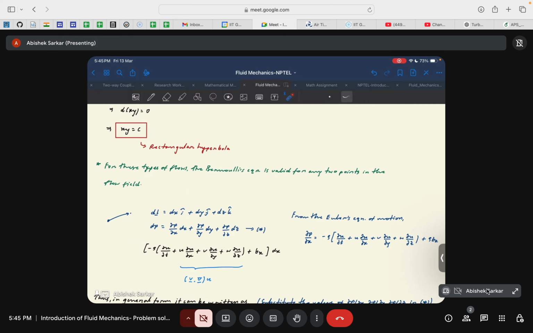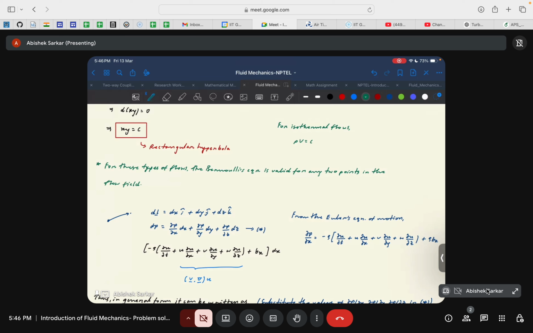For isothermal flows, we get the pressure and specific volume relation to be something like this.